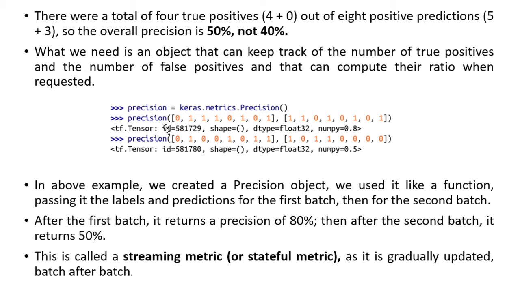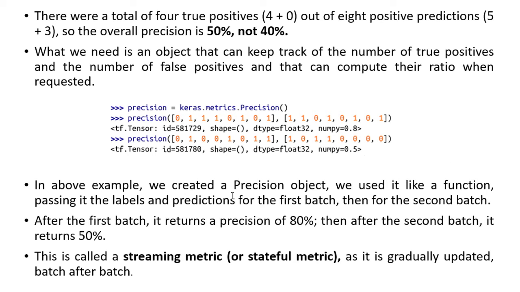To this precision, we are going to pass the labels and predictions for the first batch. You can see here in this example, we are passing labels and predictions, that is 0, 1, 1, 1, 0, 1, 0 and the next set of values. When we execute this precision, it gives the result as 80%.